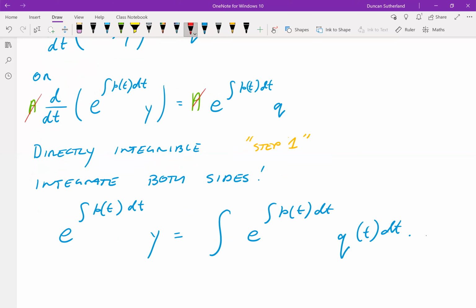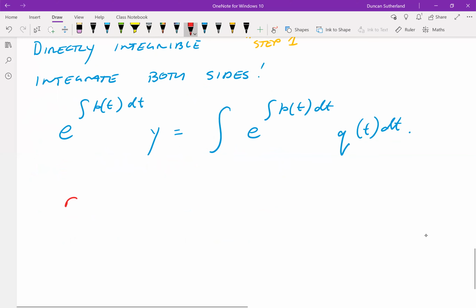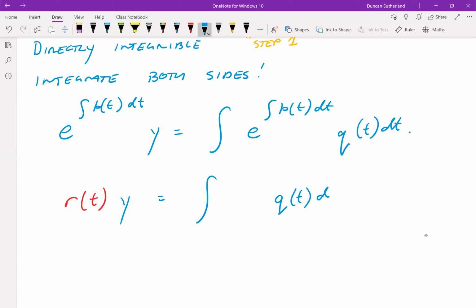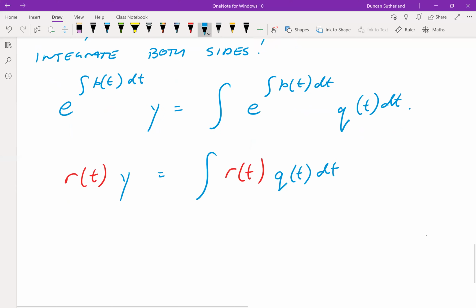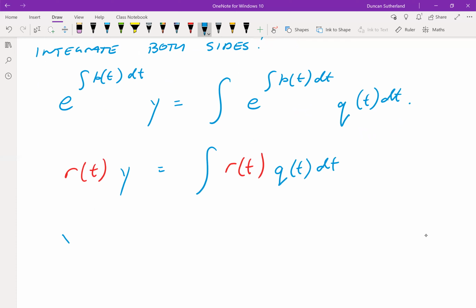If we want, we can just write this if we wish to disguise what the integrating factor happens to be. So it becomes a simple task to rearrange this for y, our solution.